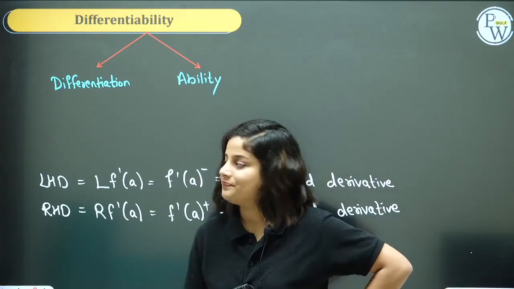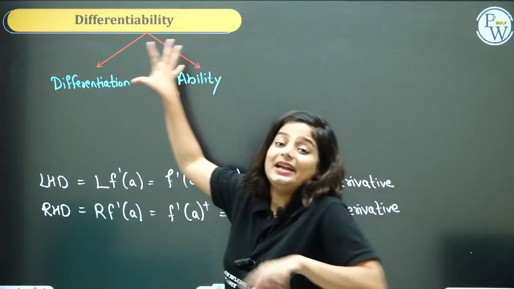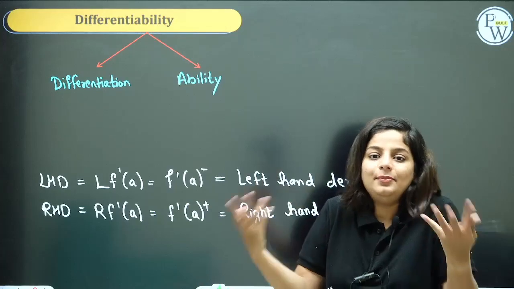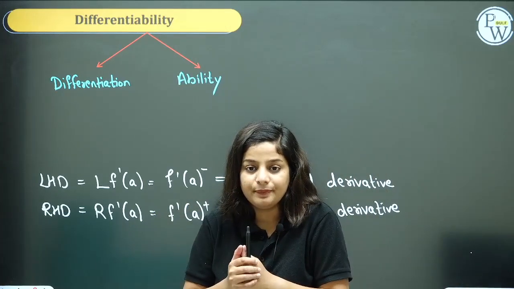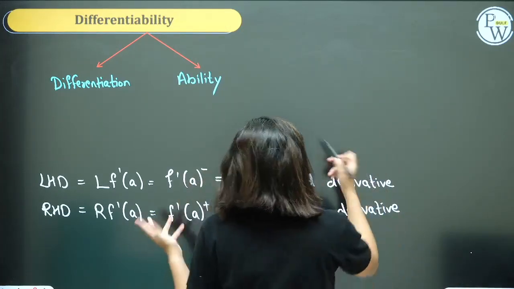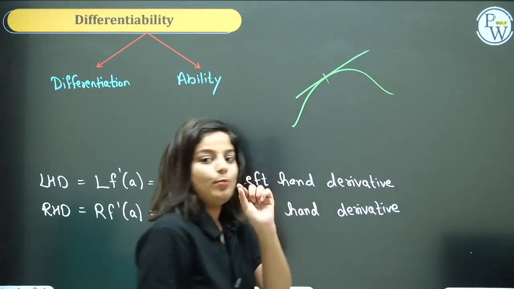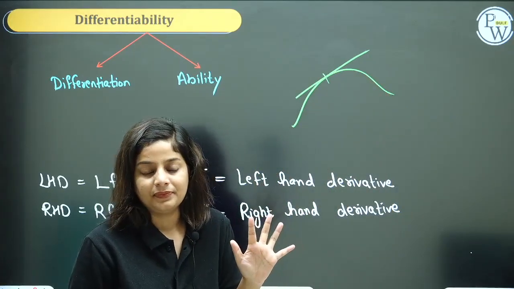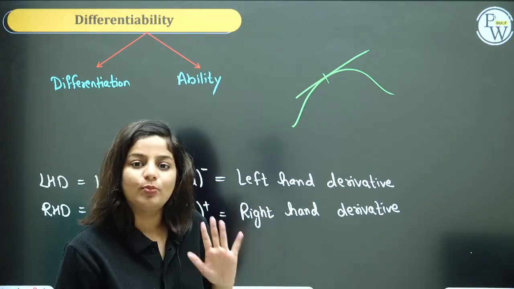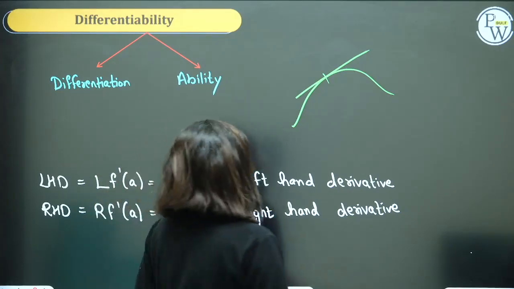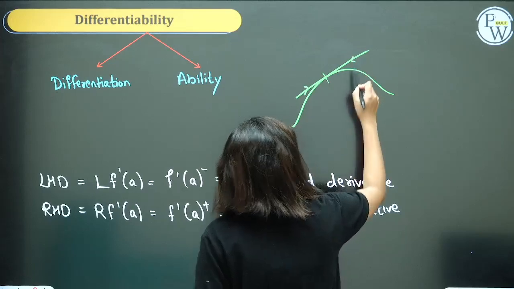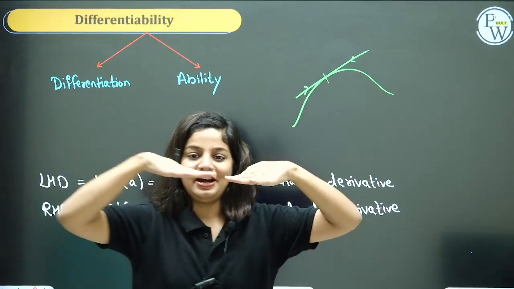Questions, few. Differentiation is the ability to differentiate. Differentiation simply means calculating the slope of the tangent at a point. At any point, if you calculate the slope of the tangent, it's called differentiation. In differentiation also, you have the left hand derivative and right hand derivative.